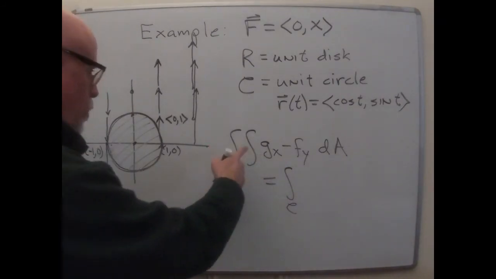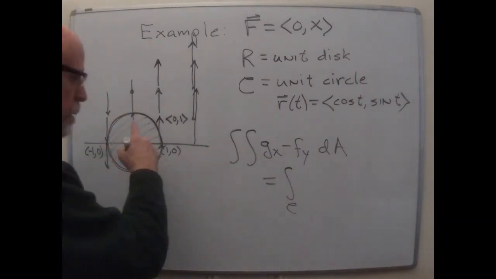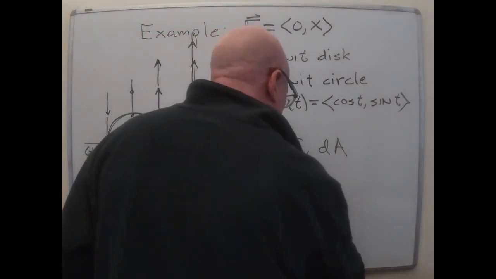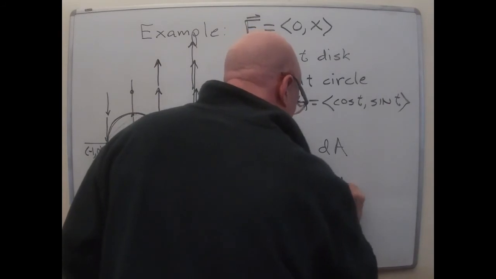This is the curl, so I want to get the circulation, which is going to be f dot t ds.